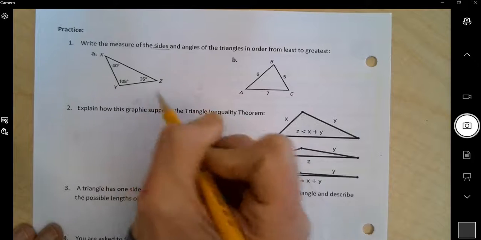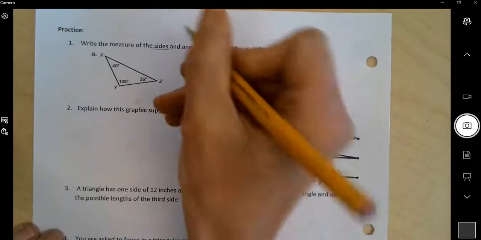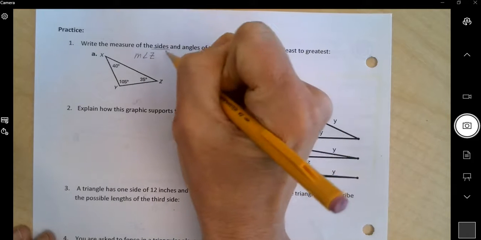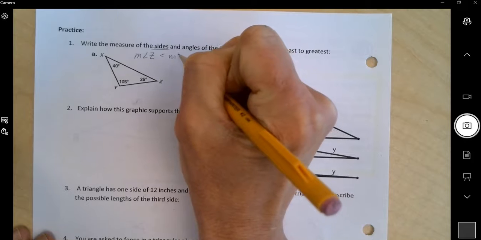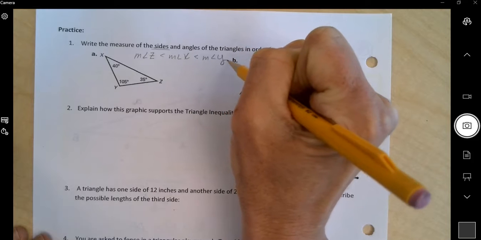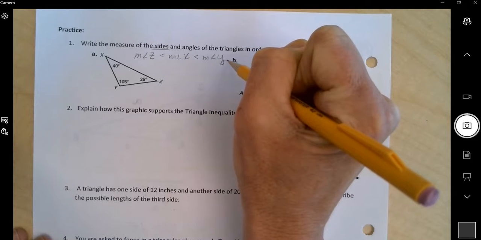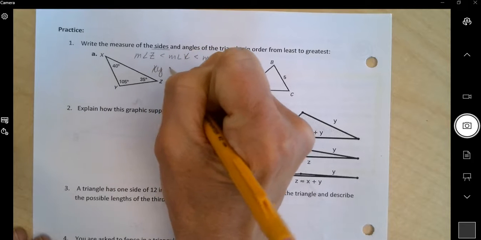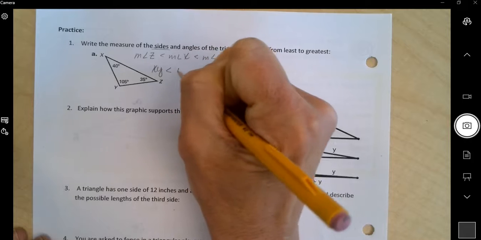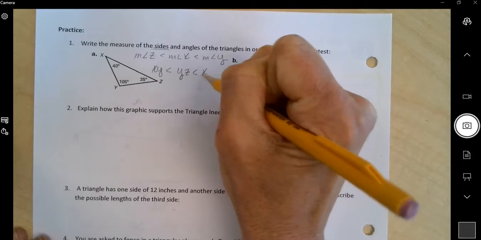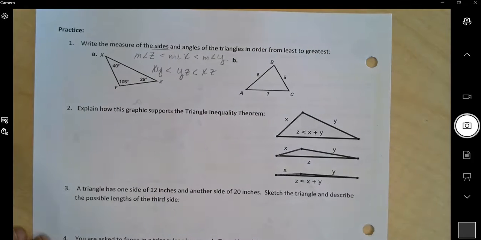Well, we should do angles first because that's what's given here in A. So I know that the measure of angle Z is smaller than the measure of angle X, which is smaller than the measure of angle Y. So because of that, I know that my smallest side, the distance from X to Y, is smaller than the distance from Y to Z, which is smaller than the distance from X to Z. So if they ask you for the measure, that is the better answer.